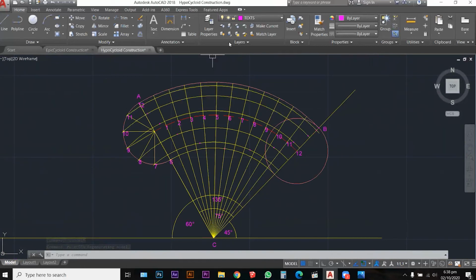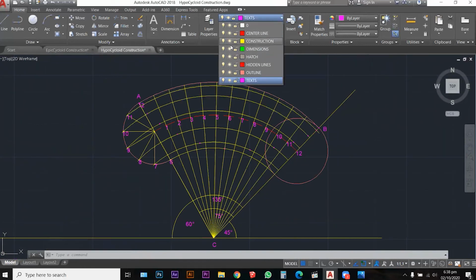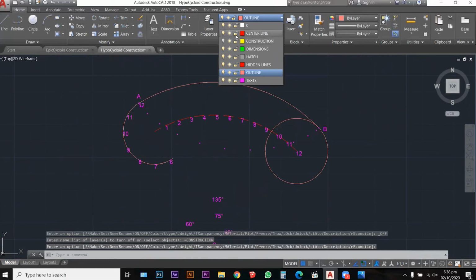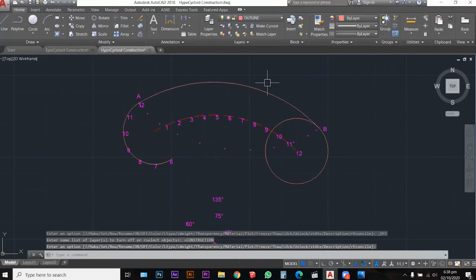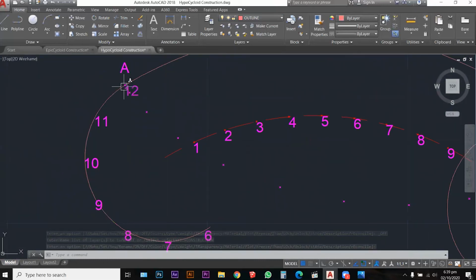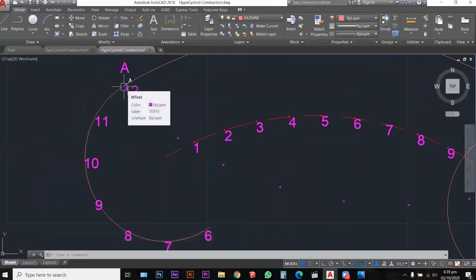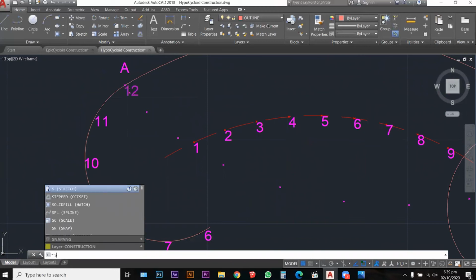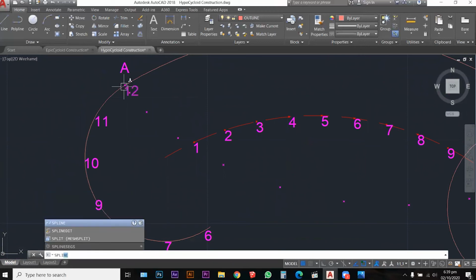Now it's time for me to plot this. So I think it's best for me to get on to the outline layer and turn off my construction lines. Yeah, I can see my points. And I'm going to use spline, S-P-L-I-N-E.